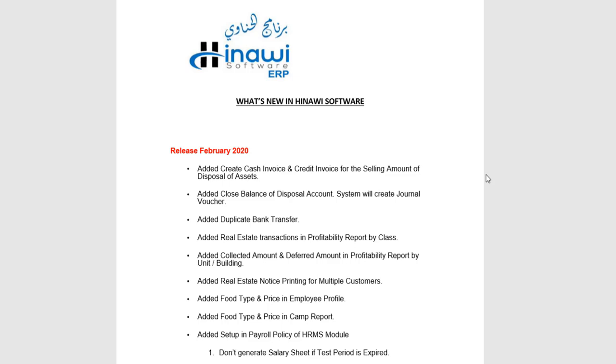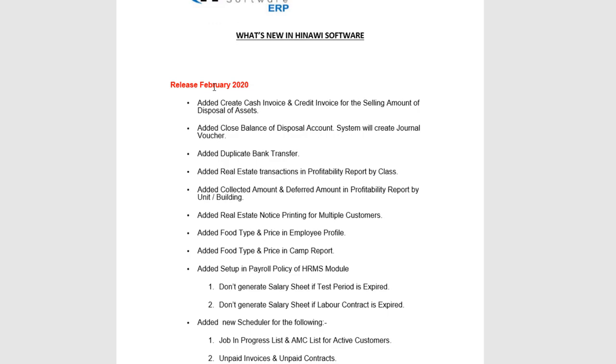Any client who has something new in mind, a powerful, very important, needed feature or option to be added in the software is internally implemented by our IT department and programmers in order to deliver the right options, features and deliverables for you. So let's talk about the February 2020 release.